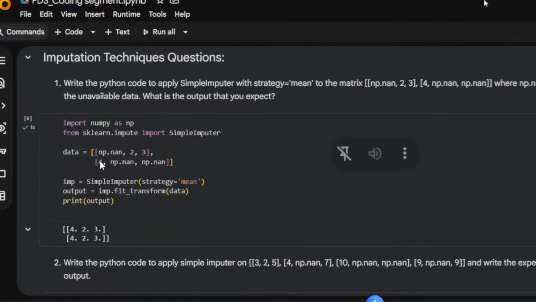That's why you impute the np.nan by 4 itself. Similarly, for 2, this np.nan will become 2, and for this np.nan will become 3. Since there is only one point other than the np.nan in that entire column, you are getting the np.nan also to be the same data point as the other number.